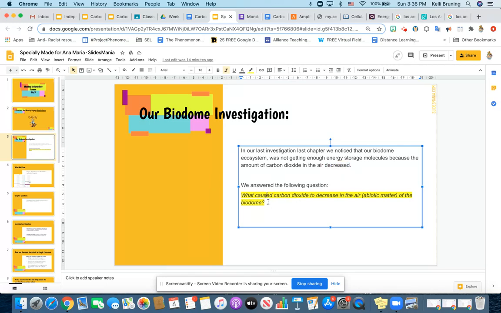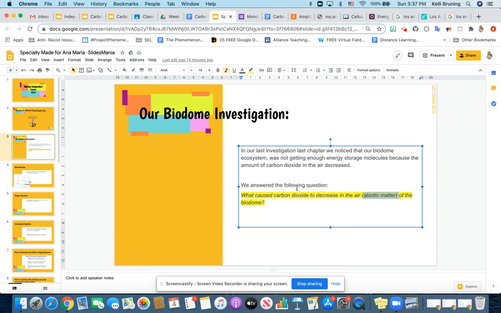Last week, we answered the question of what caused the carbon dioxide to decrease in the air, or our abiotic matter, because we want to remember that abiotic matter is our air or atmosphere. So we looked at the question, what caused carbon dioxide to decrease in the air of our biodome?